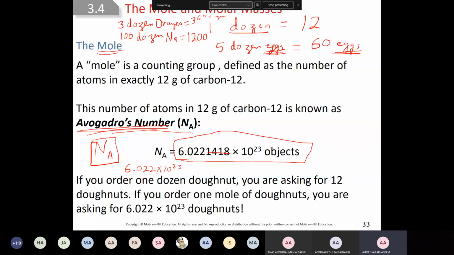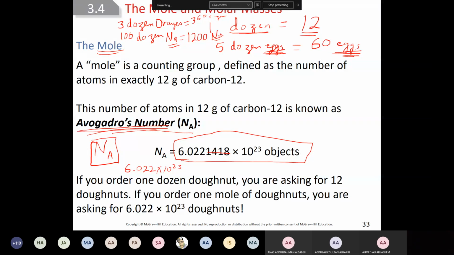Whatever I said. Is this clear? A dozen doesn't have a unit, but if I put anything with a unit, then it will take the same unit.